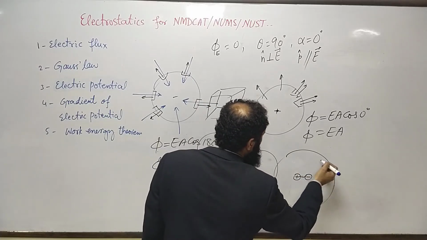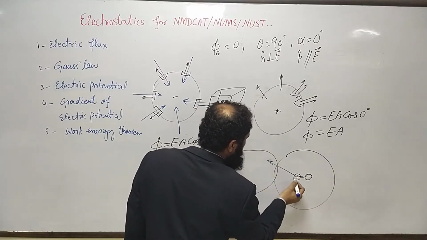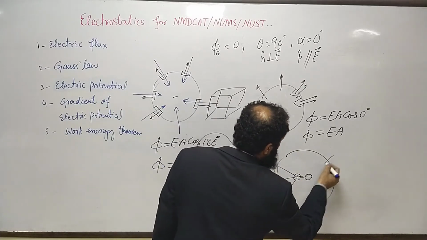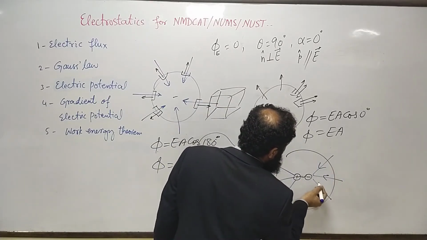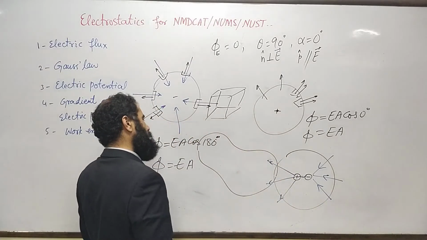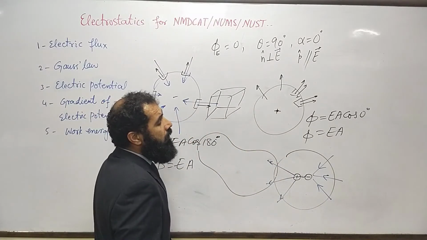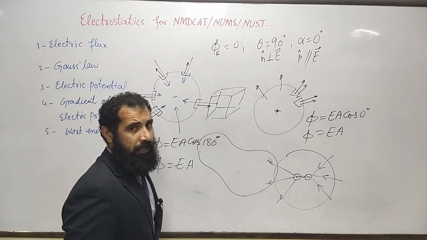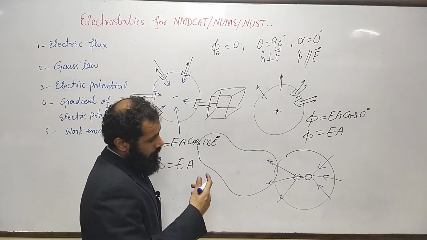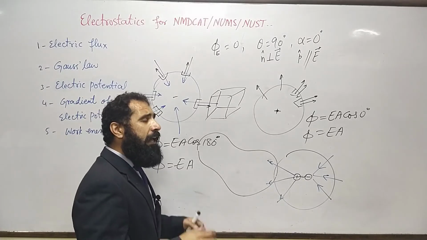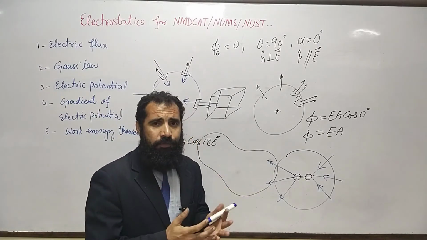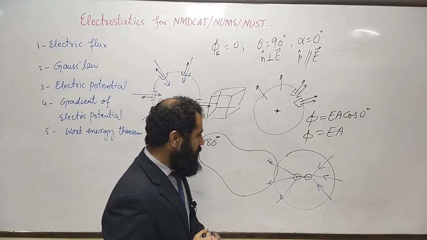Because the field lines coming out of that sphere are equal to the field lines entering that spherical surface. Why? Because the charges are of the same magnitude but opposite sign. So this way, if you place any dipole inside a closed surface, the total flux is 0.